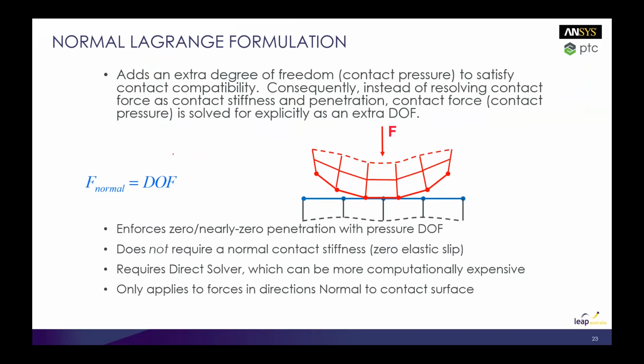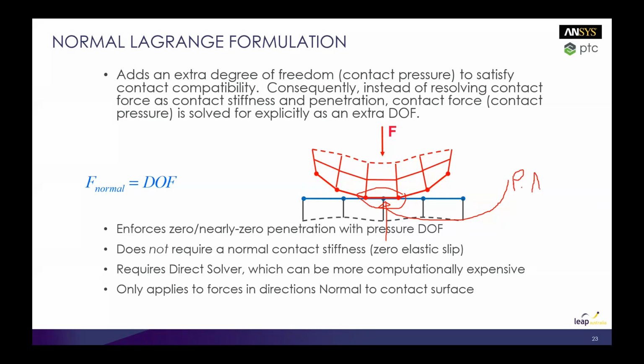Okay, so another formulation is what we call the normal Lagrange formulation. Here we add an additional degree of freedom, the contact pressure, to satisfy contact compatibility. This force we're applying gives a reaction force from the contact, which is basically the pressure times the area in contact.